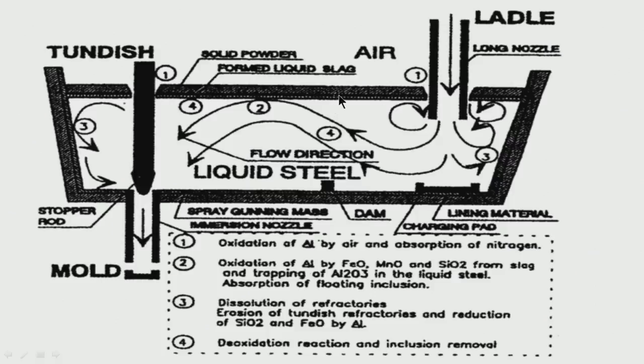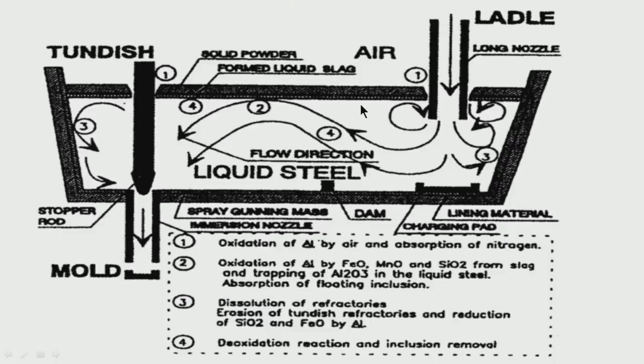Here also there should be less reoxidation. Normally 2 layers of slag are used in Tundish. The liquid slag just above the liquid steel must have more CaO, the basicity should be high, and SiO2, FeO, MnO should be very small, so that reoxidation is less. Whatever alumina is there in the liquid steel should get absorbed.